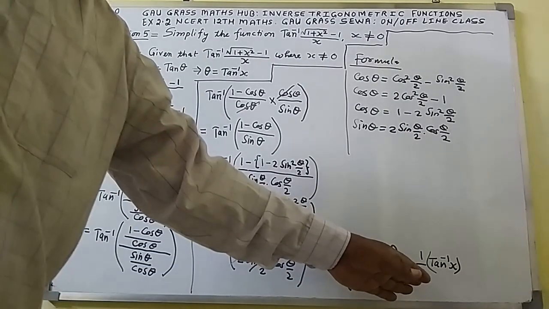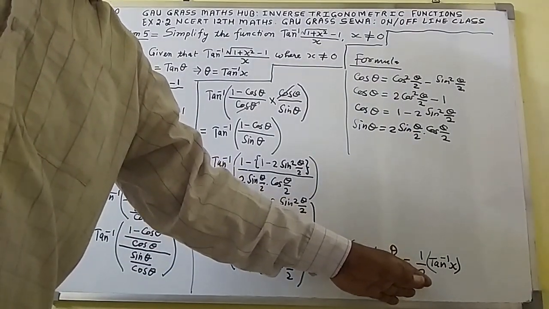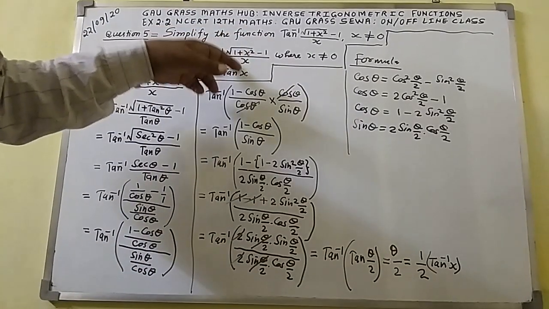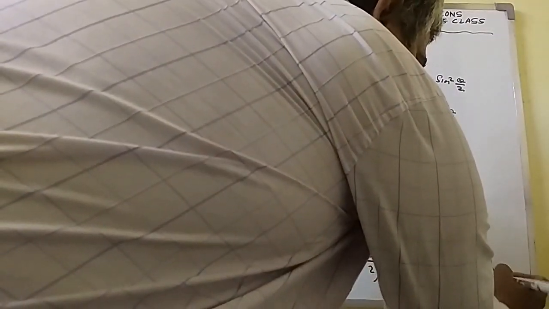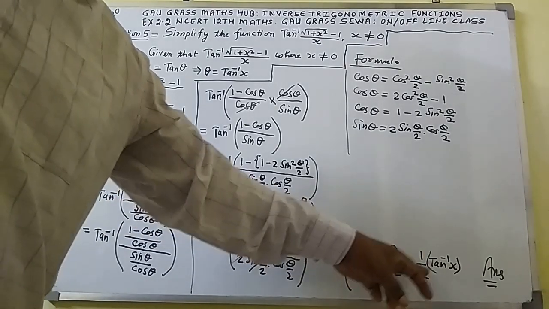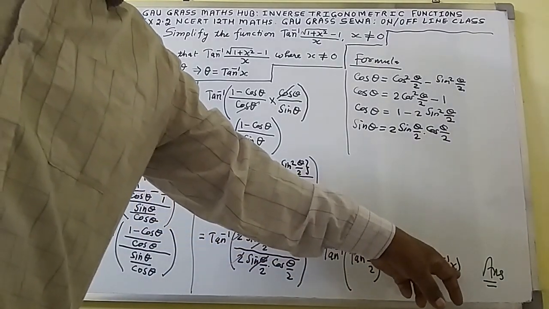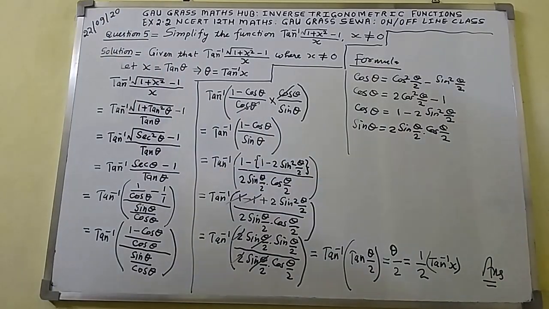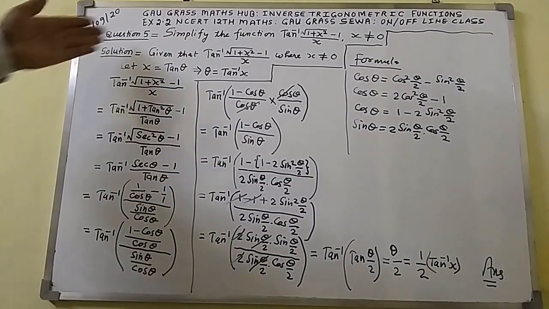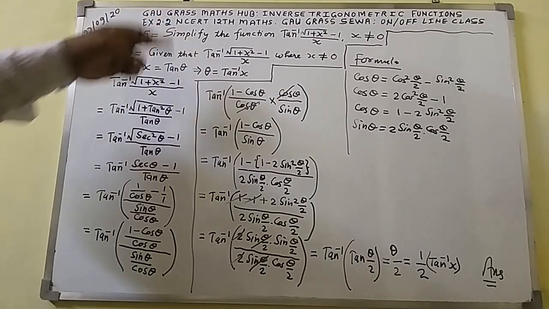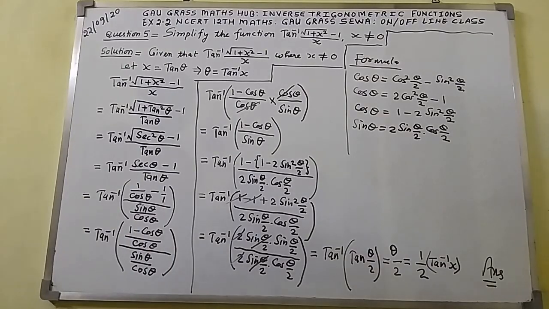This is the correct answer on simplification of this function. The answer will be 1 over 2 in bracket tan inverse x bracket close. This is the complete solution of question number 5, exercise 2.2, NCERT class 12 maths.